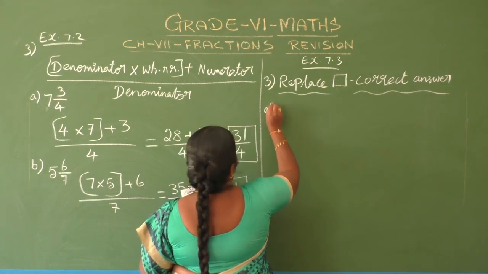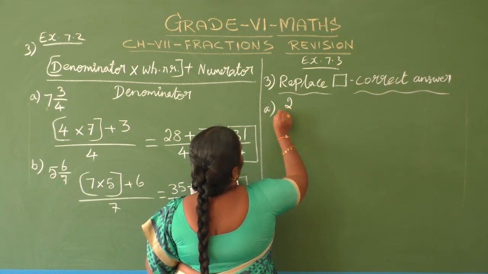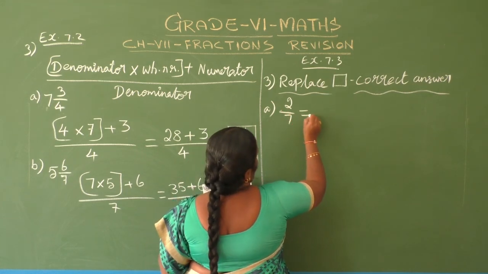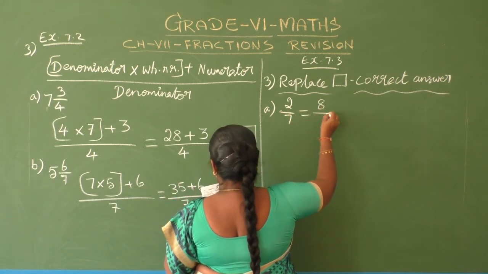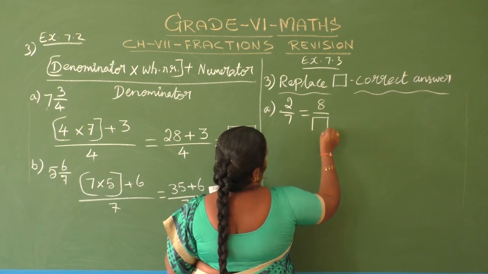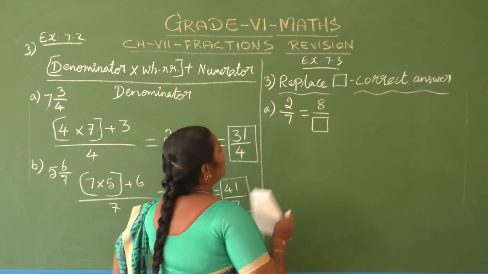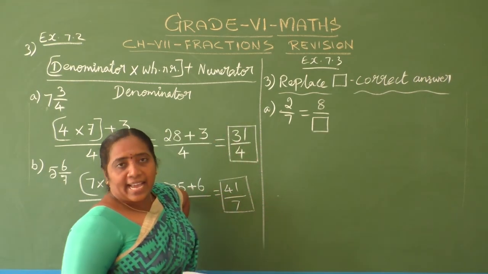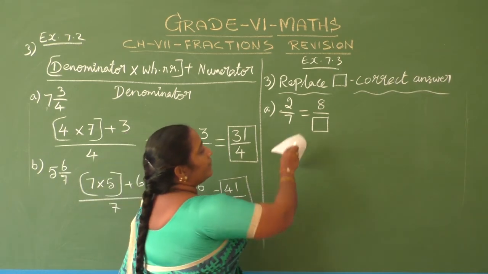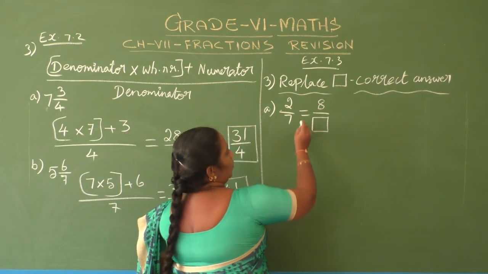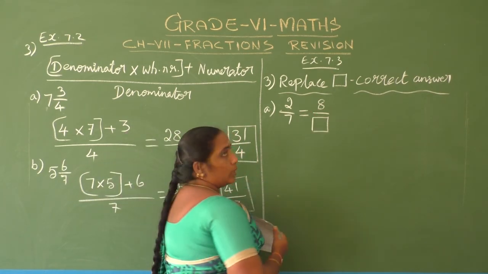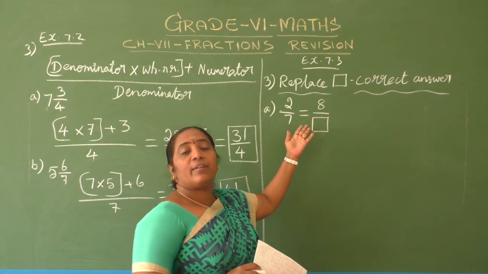See the first one. A sum, they gave 2 by 7 equals 8 by dash. They gave the box. Whenever they give two fractions with an equal sign in the middle, what is the meaning of this? It's an equivalent fraction.